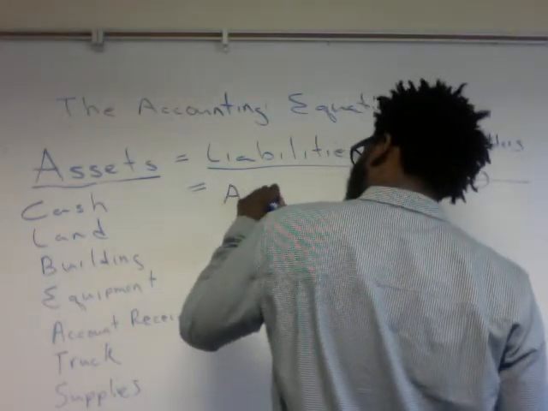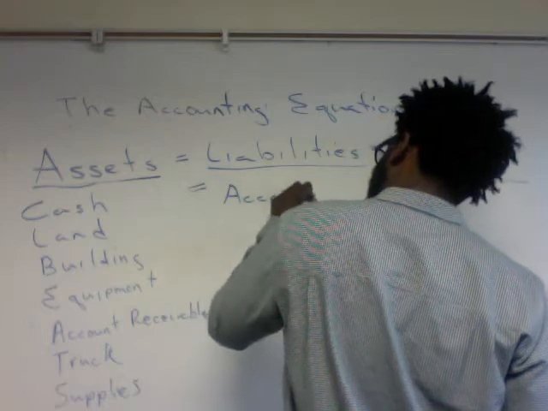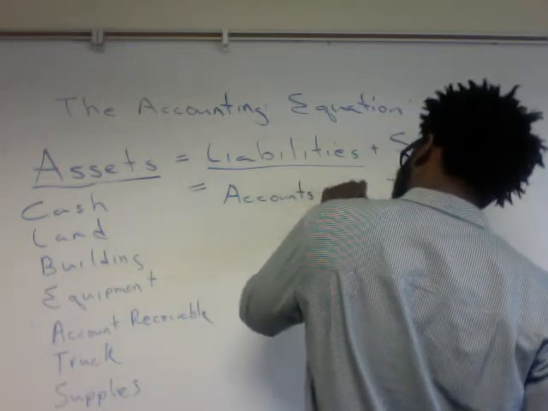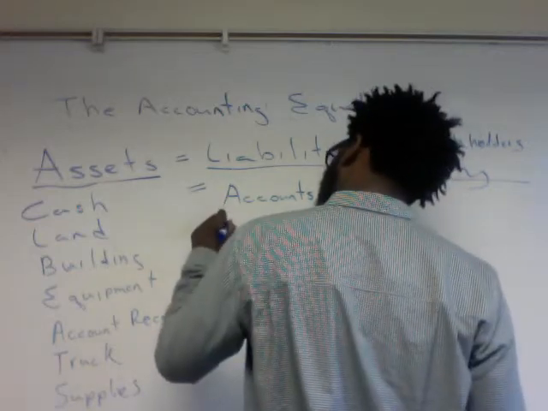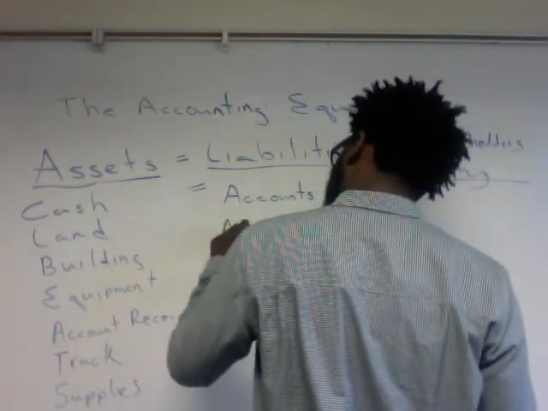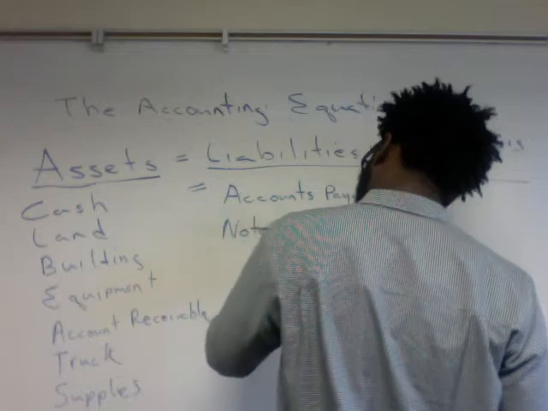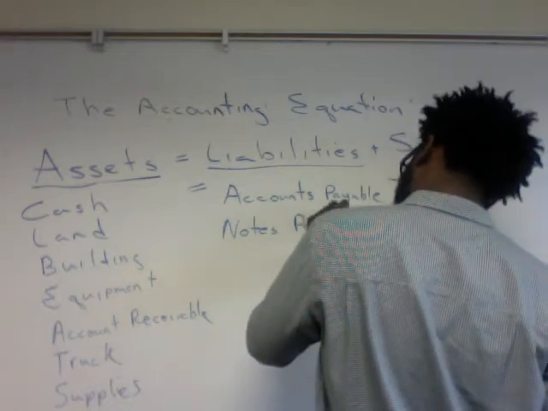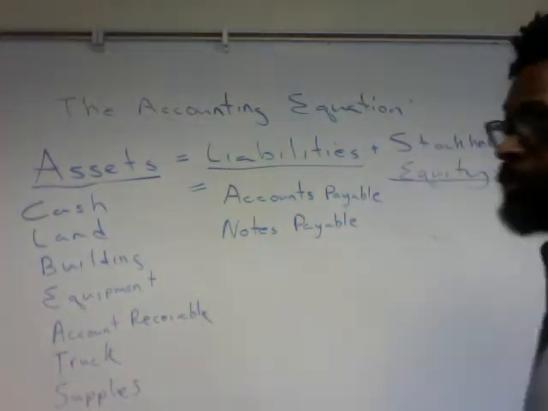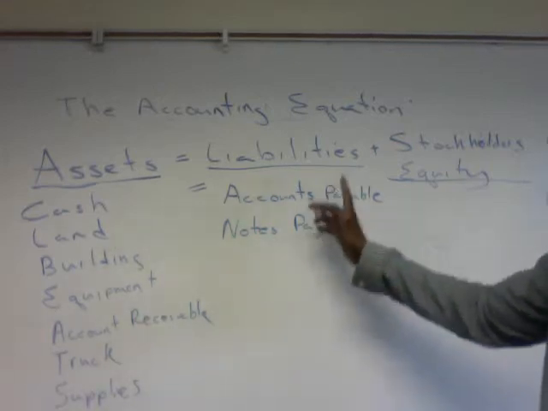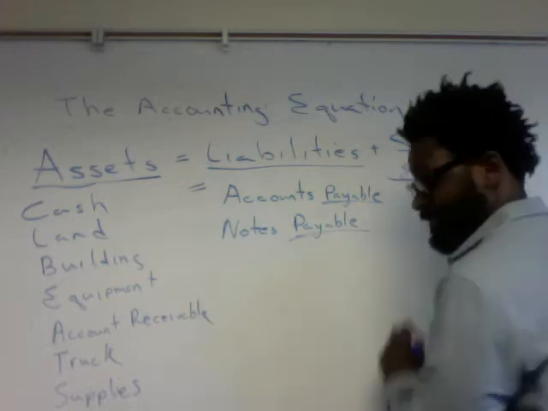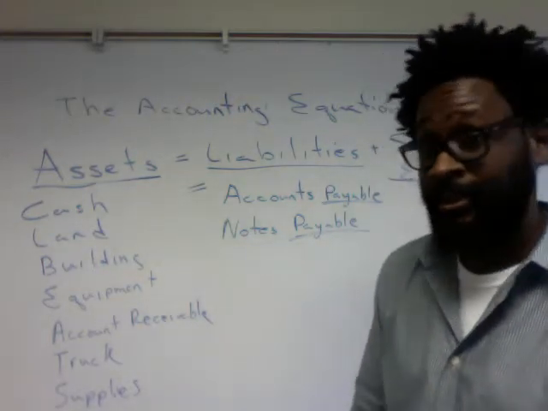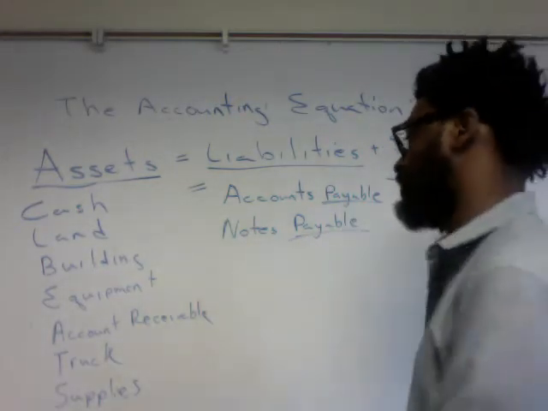Accounts payable and notes payable. They are liabilities. Pay attention to the last names. His last name is Jackson, he's a Jackson. These last names are payables. I'll give you another one.